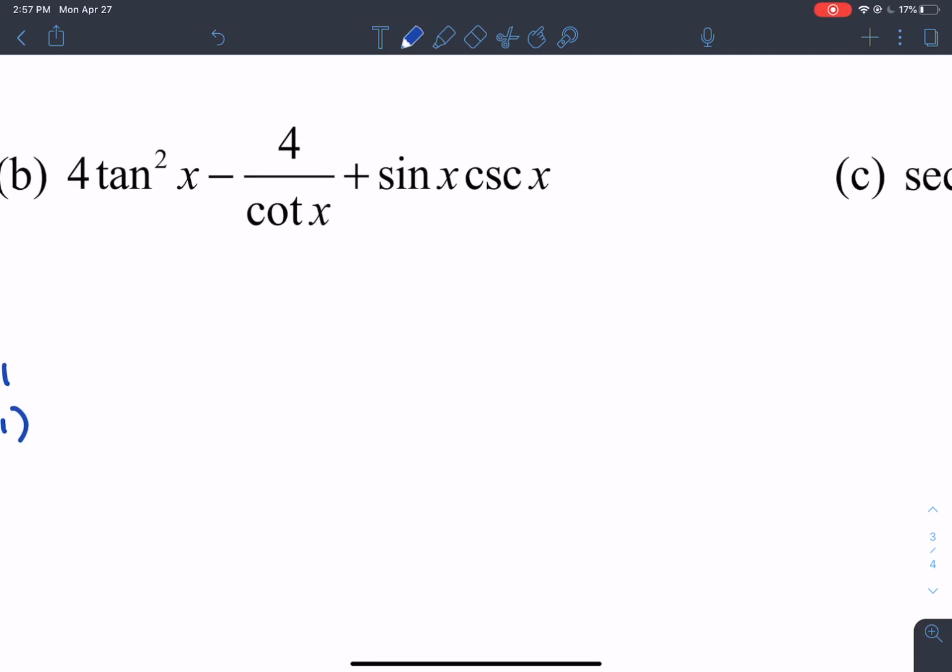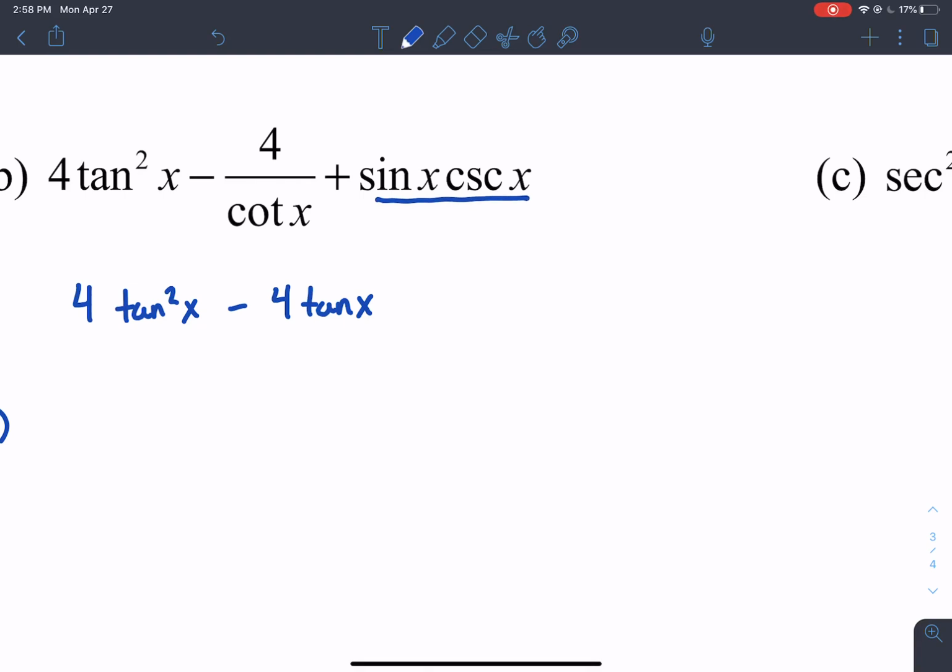Okay, so for the second one, you got 4 tangent squared. Now, 4 over cotangent is the same thing as 4 tangent. It's easier to put everything in the same function. And then sine times cosecant, they're reciprocals of each other, so they're just going to become 1. So now what your equation kind of looks like is you have 4a squared minus 4a plus 1.